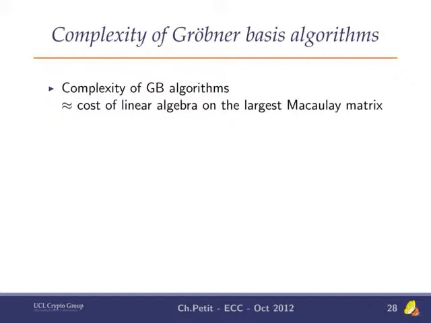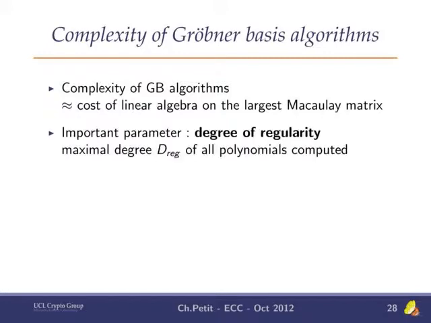So the complexity of a Gröbner basis algorithm can really be estimated from the cost of linear algebra on the largest Macaulay matrix that will appear during the computation. Therefore an important parameter is what's called the degree of regularity, which is the maximal degree of all the polynomials that you have computed.